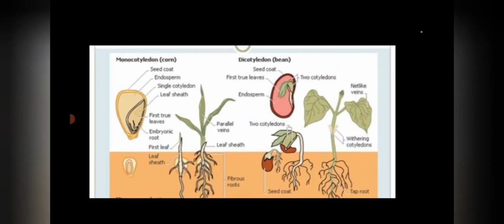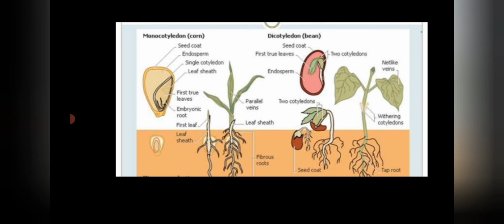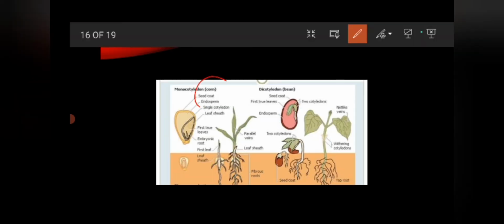Here I show you the picture of monocotyledon plant, corn. Here you can see the corn seed coat. Actually the hilum is present over here. In monocotyledon corn the hilum is present over here, and you can also see the parallel veins and fibrous root system.